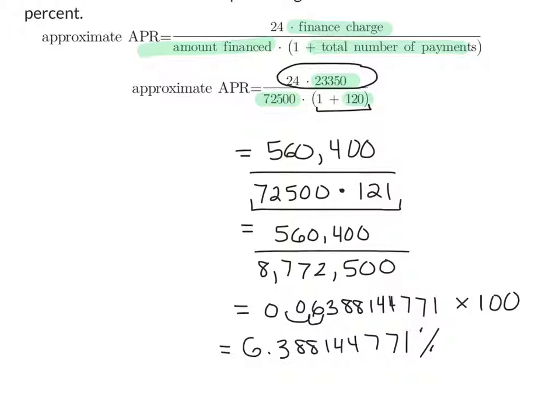Now I'm going to round to the nearest tenth of a percent, which means 1 decimal place. The 8 is larger than a 5, so that means I'll round the 3 up to a 4. And my final answer, which is the approximation of the annual percentage rate, is 6.4%.